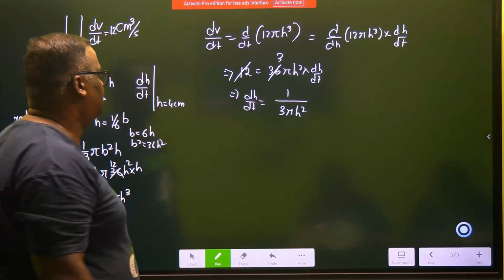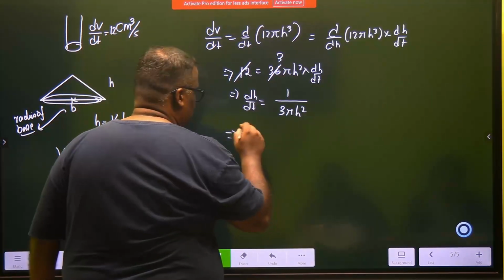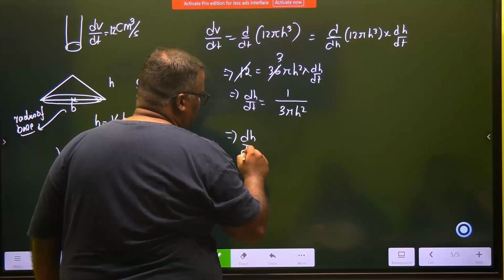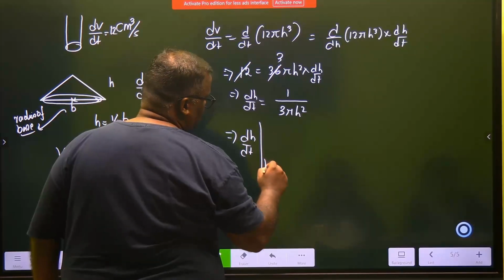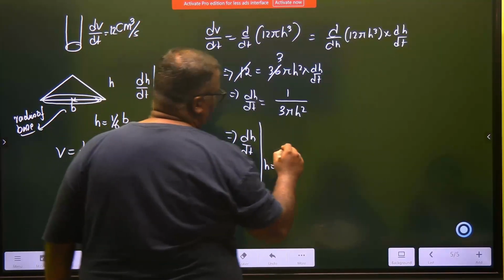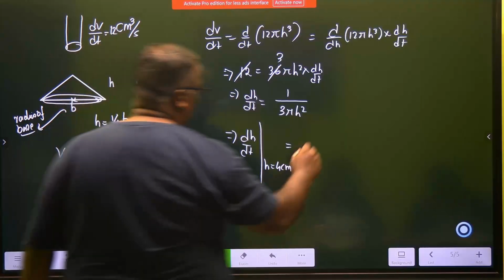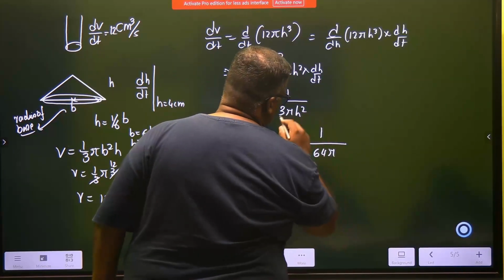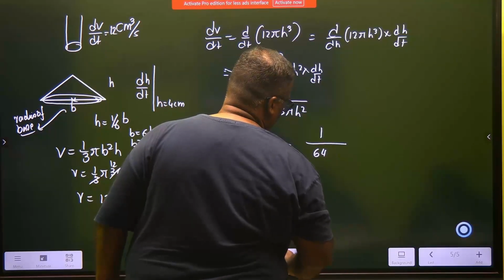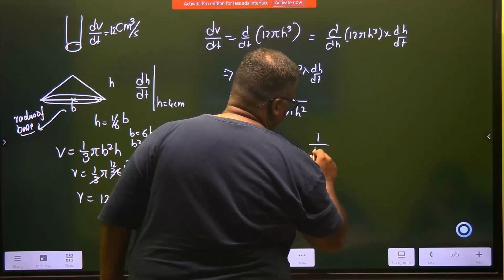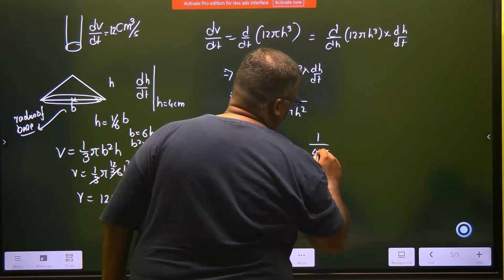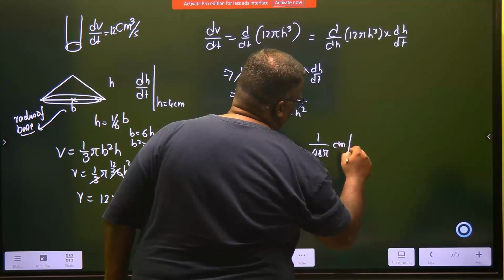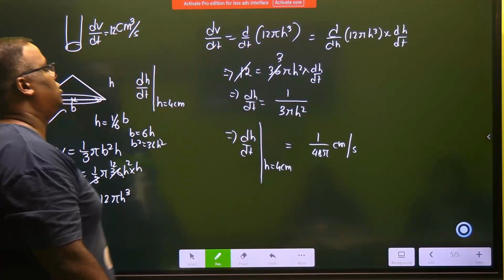Is it fine? But you have to calculate dh/dt when the height is equal to how much? 4 centimeter. So this is 1 by 3 pi into 16, that is 1 by 48 pi centimeter per second. Height with respect to time.